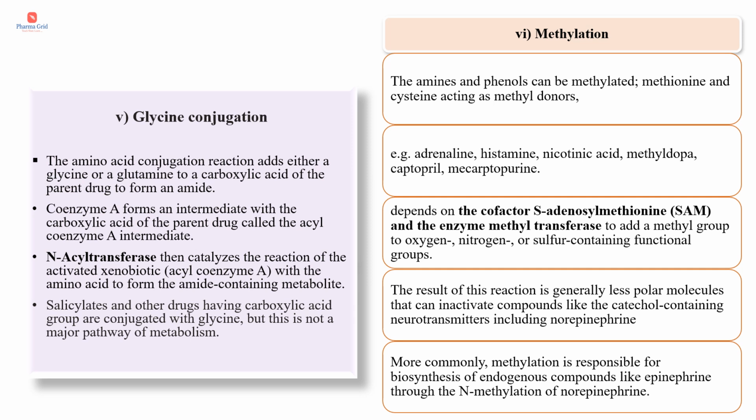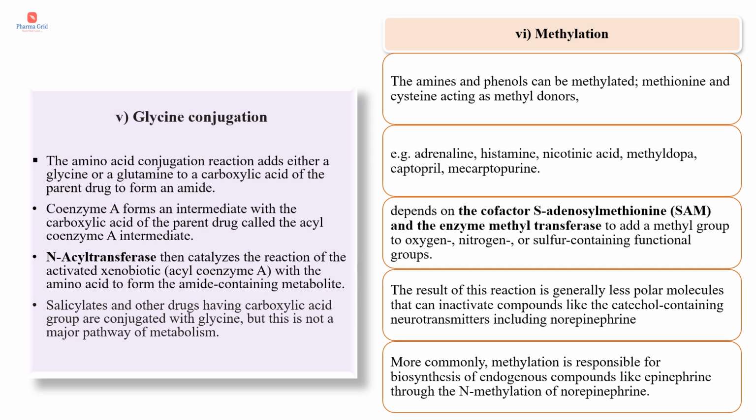So the next one is methylation. The amines and phenols can be methylated, methionine and cysteine acting as methyl donors. For example, adrenaline, histamine, nicotinic acid, methyl dopa, captopril, mercaptopurine. This methylation depends on the cofactor S-adenosyl methionine and the enzyme methyl transferase to add a methyl group to oxygen, nitrogen or sulfur containing functional groups.